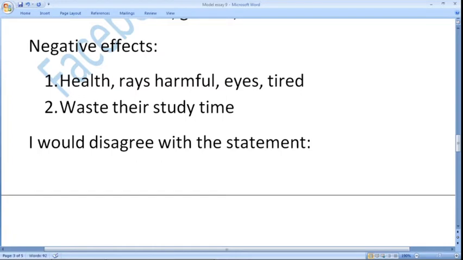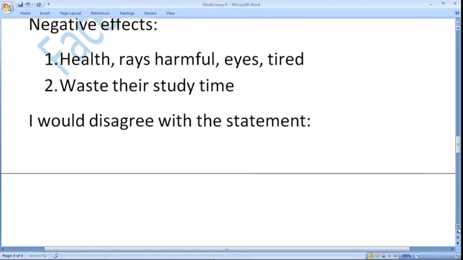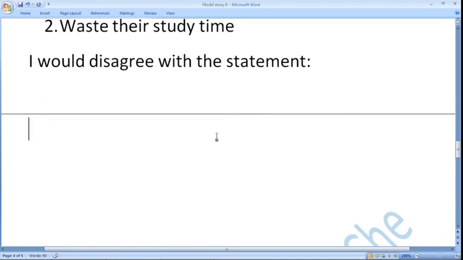This is just, you do not need to write this in your real exam, just to teach you how you would plan your essay. First of all, you would write an introduction. Your introduction would be similar to the discuss both sides and give your opinion essay.